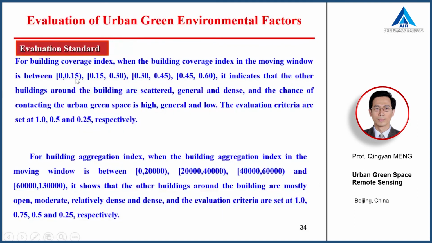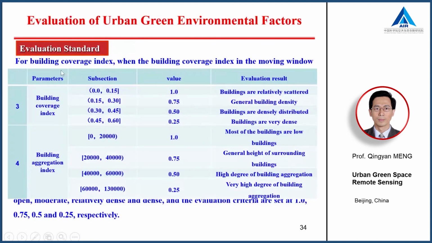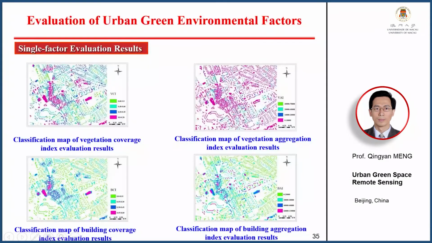And we also develop different standards for the buildings coverage index and aggregation index at different levels. Then we can get the single factor parameter evaluation results. This is the VCI, VAI, BCI, BAI classification map.